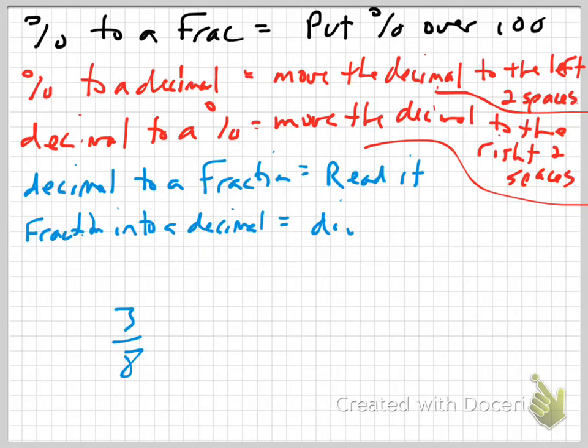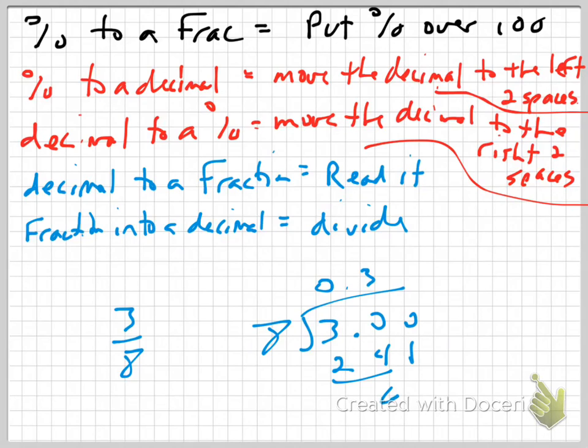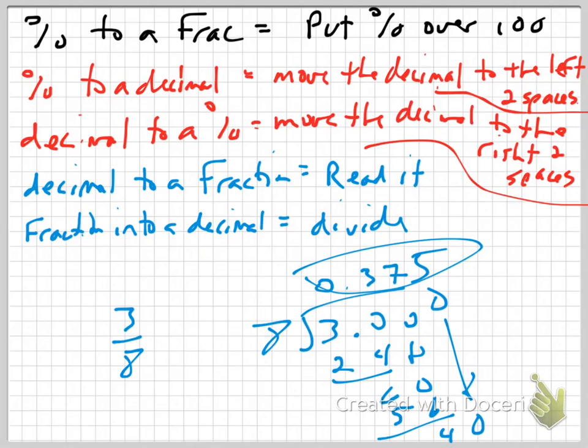You simply divide. 3 divided by 8. 8 goes into 3 0 times. 8 goes into 30 3 times. 8 goes into 60 7 times. 5 times. 0.375, right? Okay.